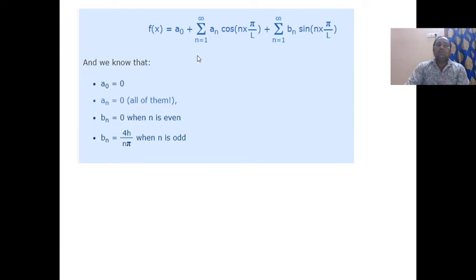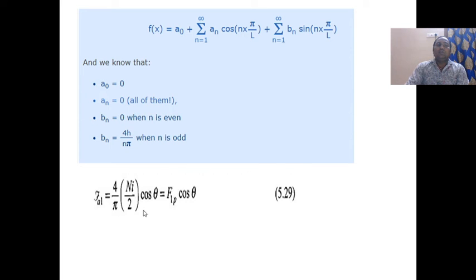According to the Fourier series, f of x is equal to a naught plus the sum from n equals 1 to infinity of a n cos of n pi x by l plus the sum from n equals 1 to infinity of b n sin of n pi x by l. We know that a naught is equal to 0, a n is equal to 0, and b n is equal to 0 when n is even. Whenever n is odd, there is only b n. b n is equal to 4 by n pi when n is odd.